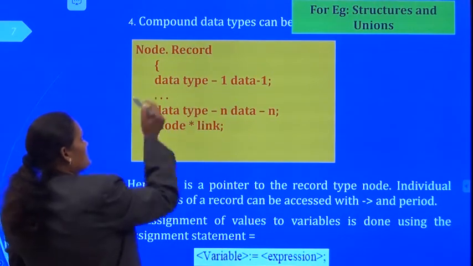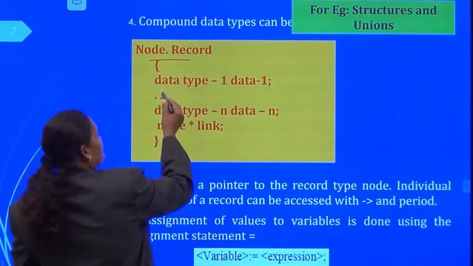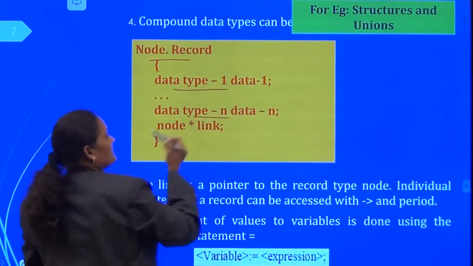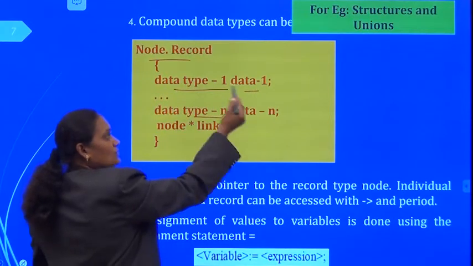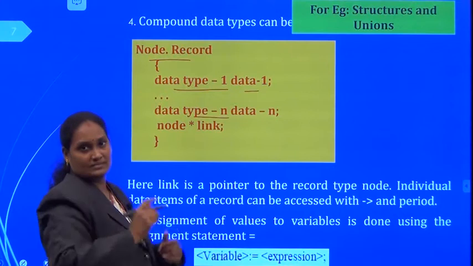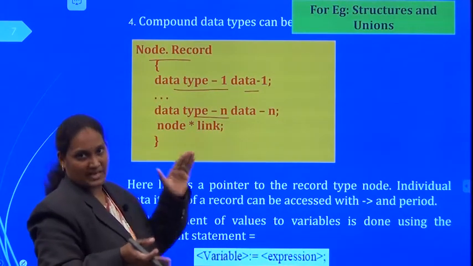Now here you can observe the syntax for writing the record. Node record. Within the braces, we represent various data items such as data type 1, data 1, data type 2, data 2, data type n, data n, and so on. N data items can be represented within those braces.